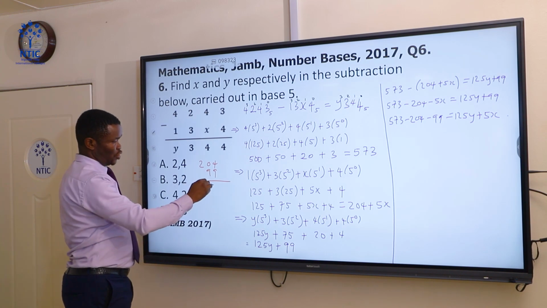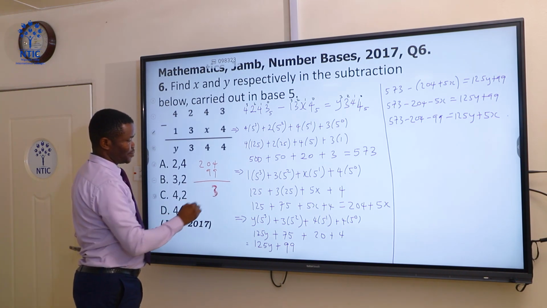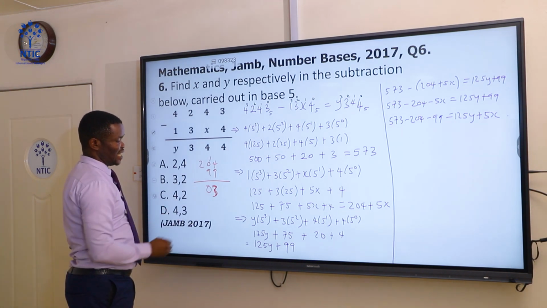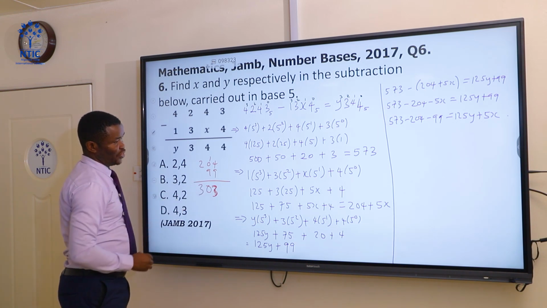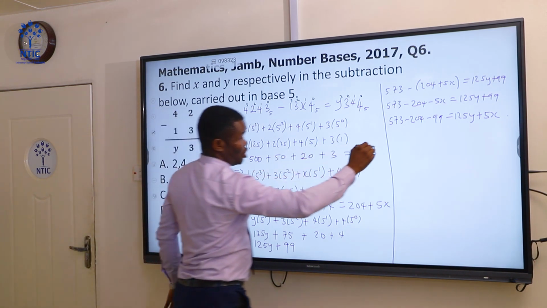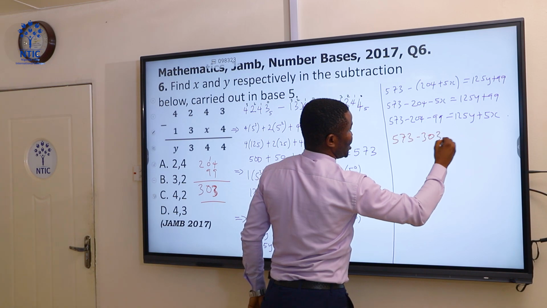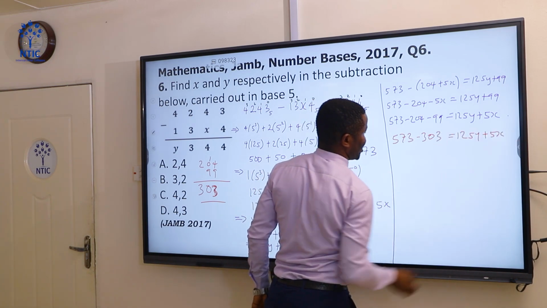This is going to give me 13 here, 13, you are going to have 10 here. Then you are going to have 3 here. That's 303. Now it becomes 573 minus 303 equal to 125y plus 5x.